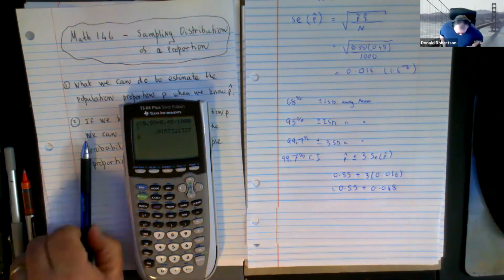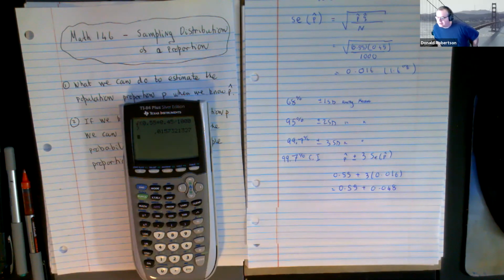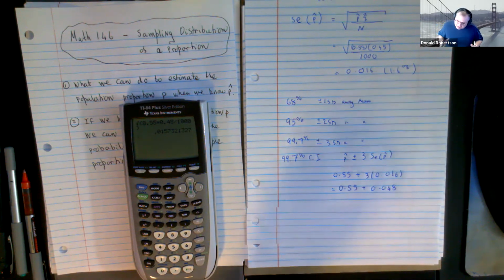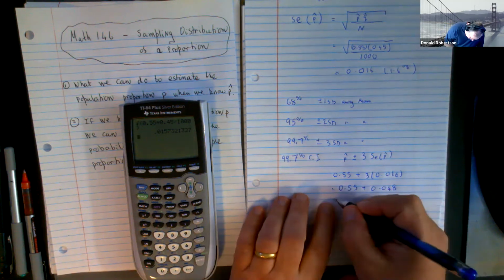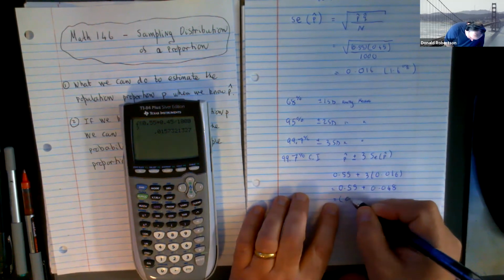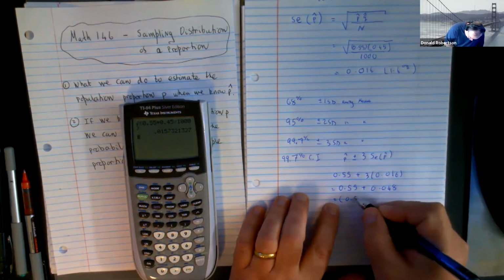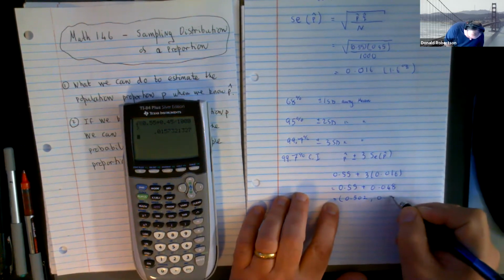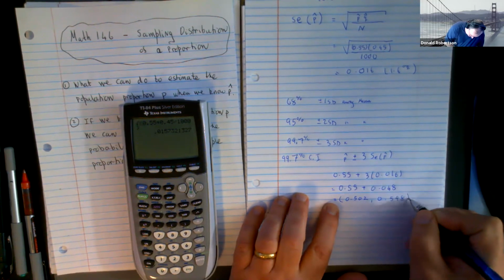I guess I picked it because I wanted to be as certain as I could be that the interval was pretty much guaranteed, not 100%, but pretty much guaranteed to have the real answer. Now, that ends up being 0.502, and it could be as high as 0.598.